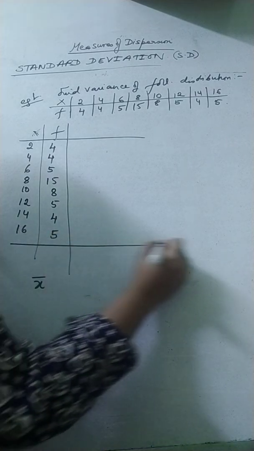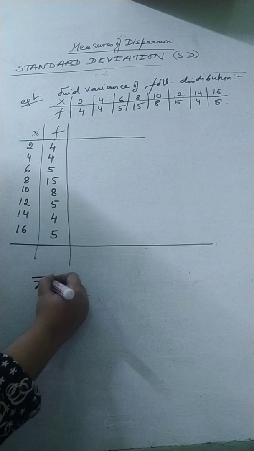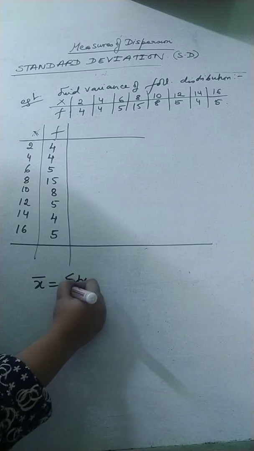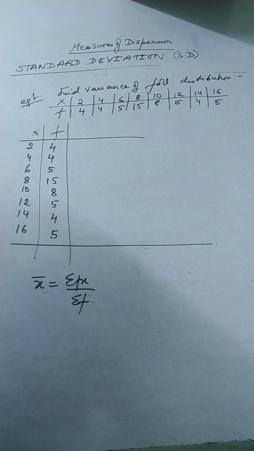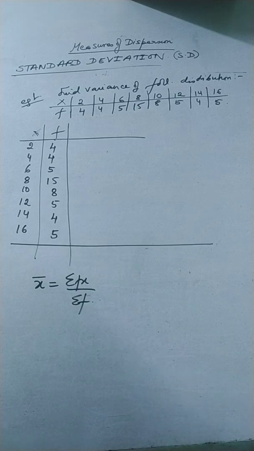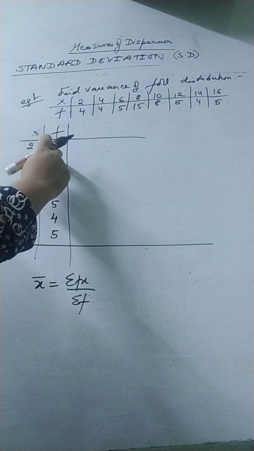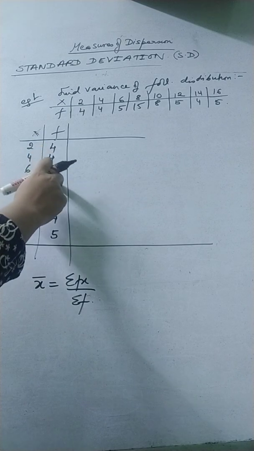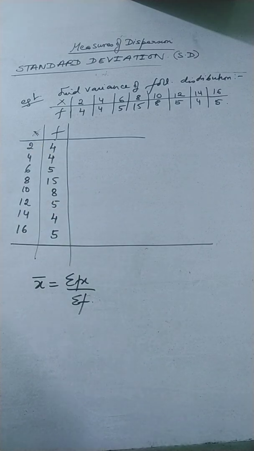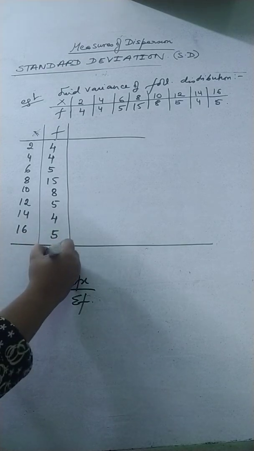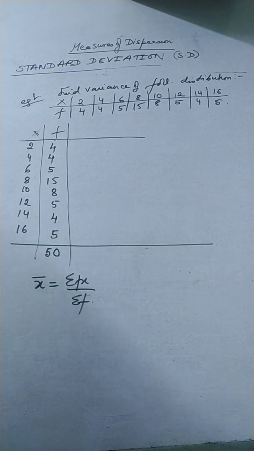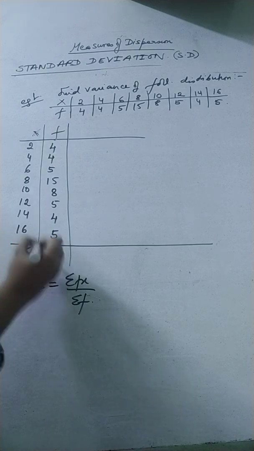I'll draw a line over here. x bar is equal to summation fx by summation f. What is summation f? Add up and see. This is 4 plus 4, 8 plus 5 plus 15. You are allowed to use your calculators, so I don't think I have to show you the addition. This will come to 50. This is your summation f.